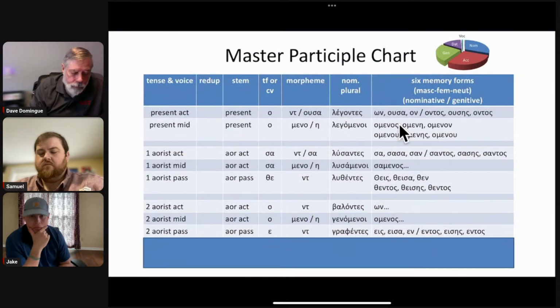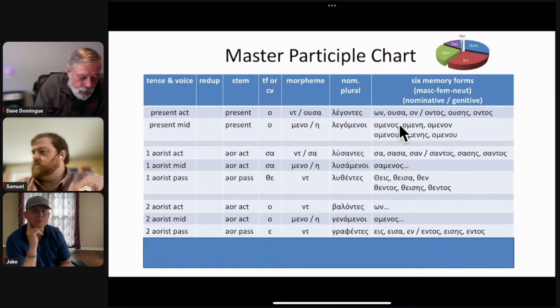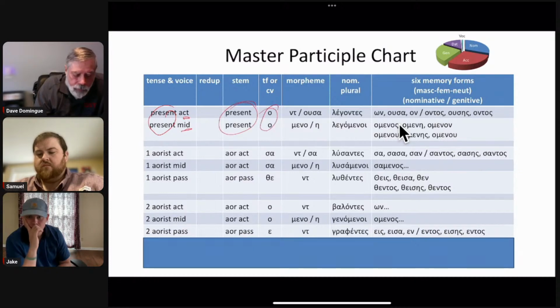And here's that master participle chart. We've had a master verb chart. Here's the master participle chart. In our present, active and middle, we're using the present tense stem. We have connecting vowels. For the active, we're going to use the new tau with the usa for feminine, right? And with the new tau, we're going to use the adjectival case endings as a 3-1-3 pattern.